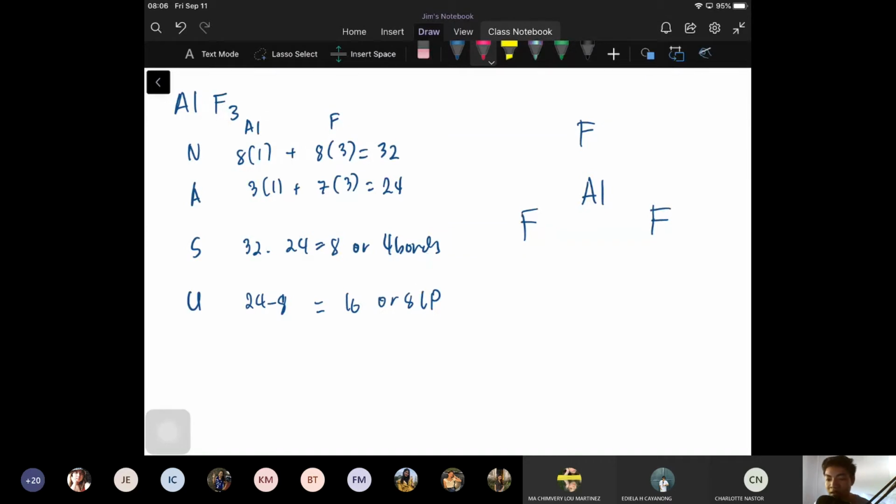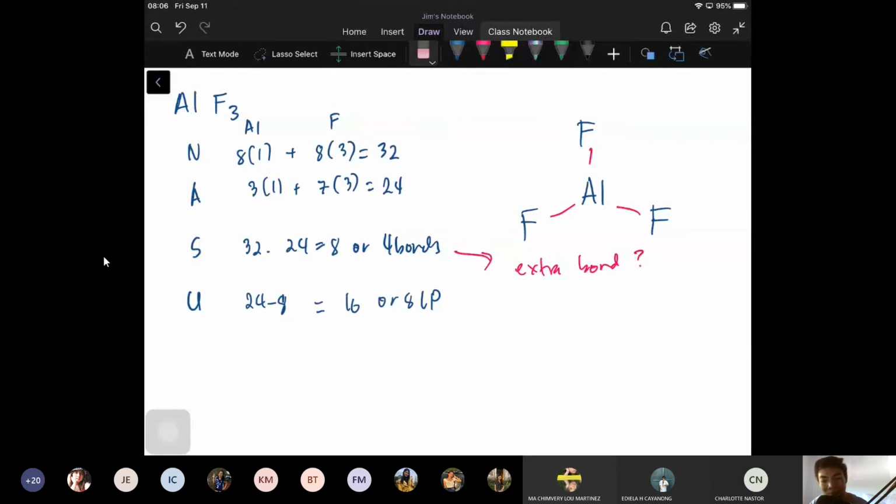Pero again, yung fluorine, tigi-isa lang yung kaya nila. Paano yung sobrang isa? Nasaan yung extra electron? Nasaan yung extra bond? Hindi natin alam kung saan natin siya i-connect. Again, fluorine cannot form double bonds. Single bond lang yan. So, yun yung problem.